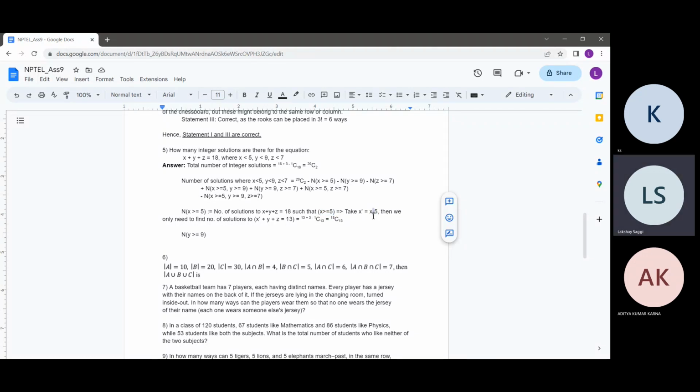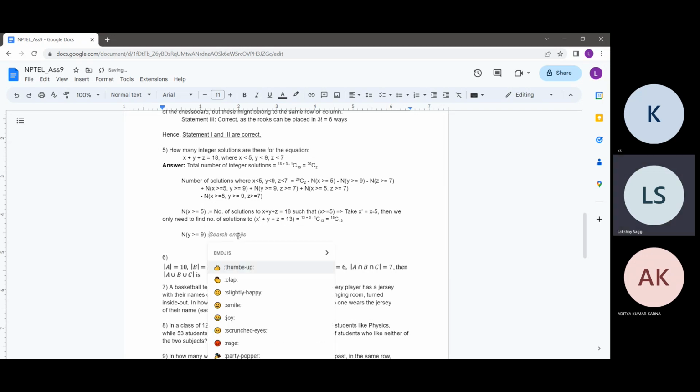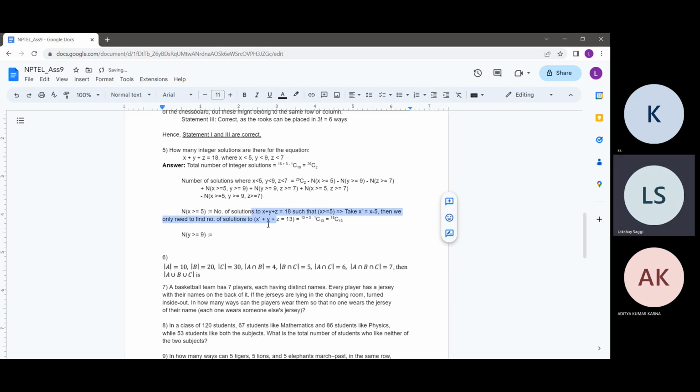Now 18 becomes 18 minus 9, which is 9. You can check after this session using similar steps. We just need to find the number of solutions to x plus y prime plus z equals 9.